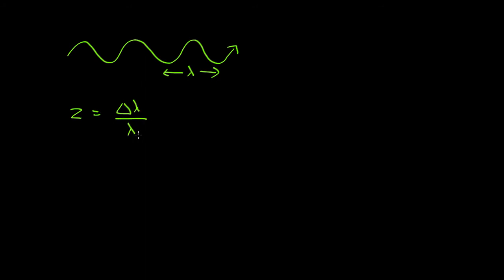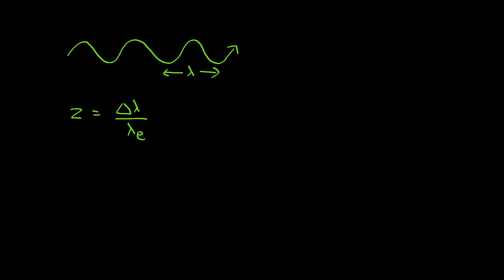So how does the scale factor relate to redshift? Well, imagine a photon of light. It's an electromagnetic wave, and with our spectrograph we measure the wavelength lambda. Now the redshift is defined as the change in wavelength divided by the wavelength when the light was emitted.